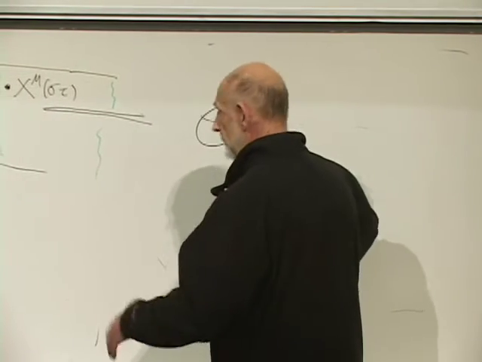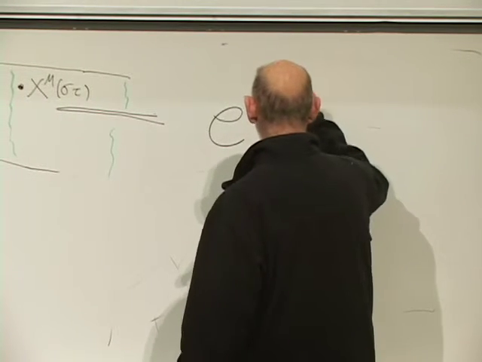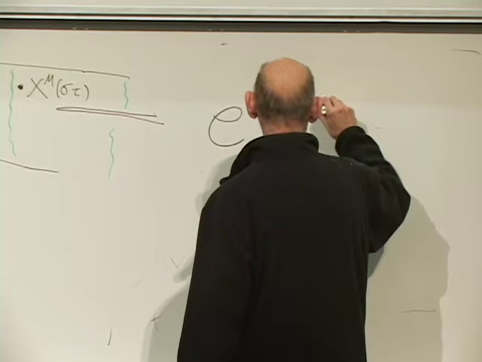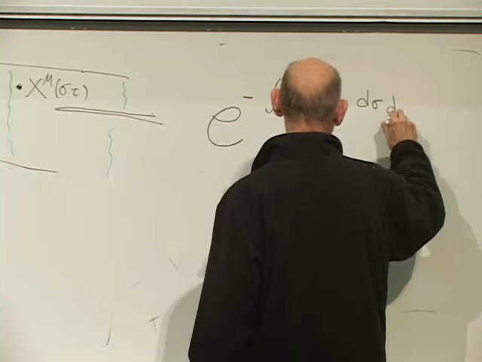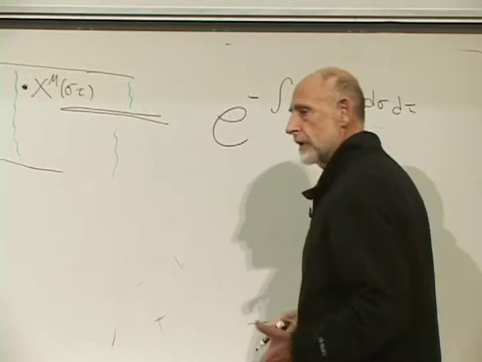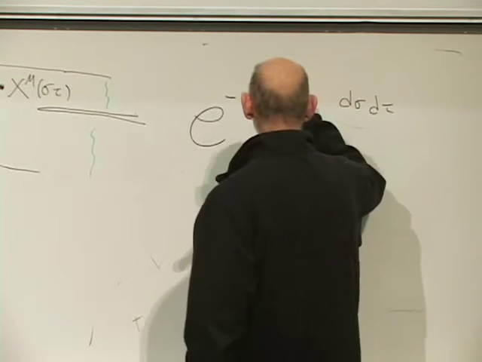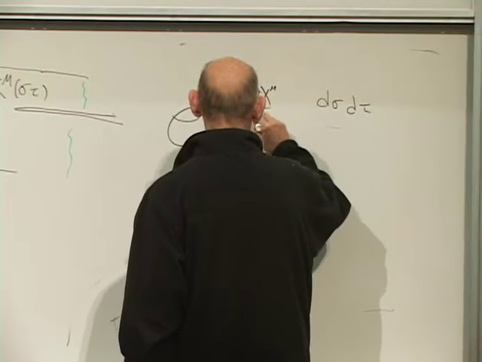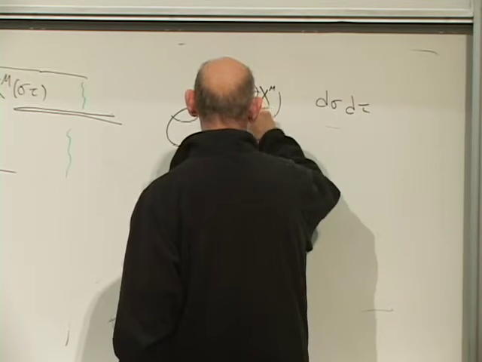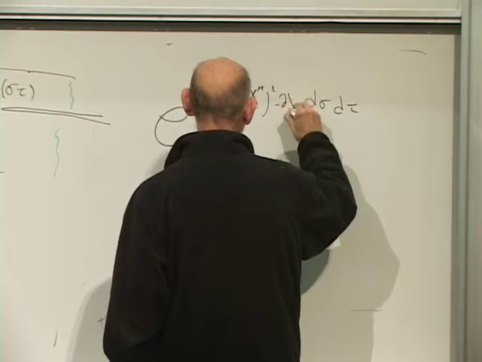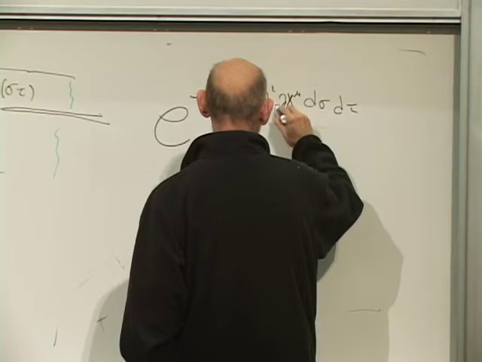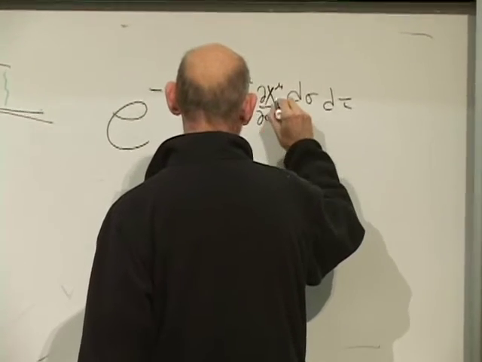We talked about it. I'm not going to do it over again. And there was an action. The action was the integral over d sigma and d tau of what? It was the dx mu by d tau squared minus the dx mu by d sigma squared, plus the dx mu by d sigma squared.